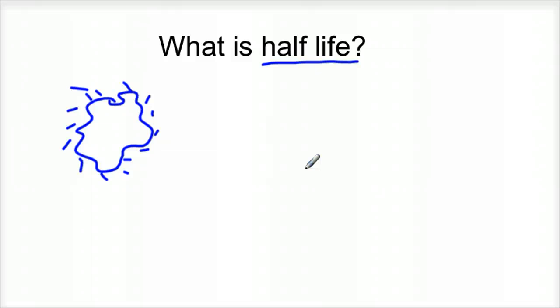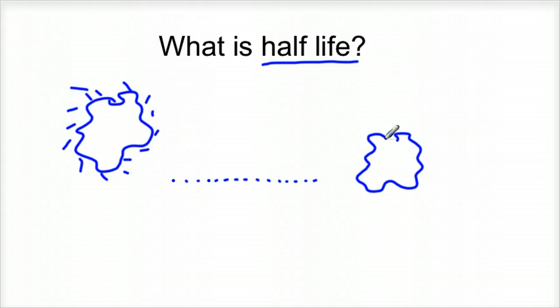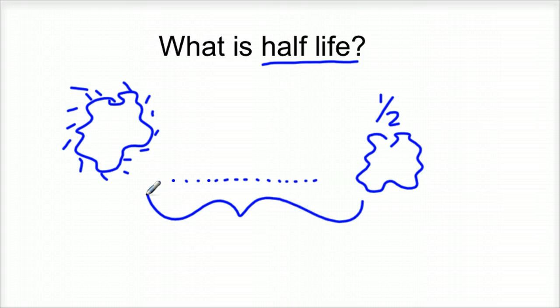It's not exactly blowing itself up, but it's disappearing and changing to something else. When it reaches half of its amount, so now we have that same material but only half as much left, that time is its half-life. When will it be half as much?